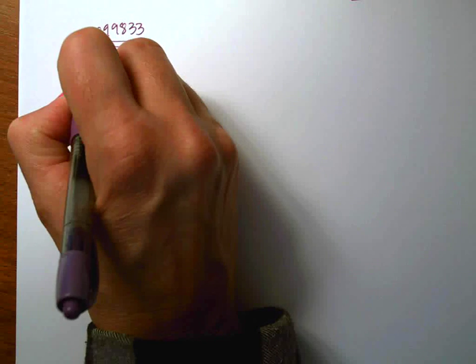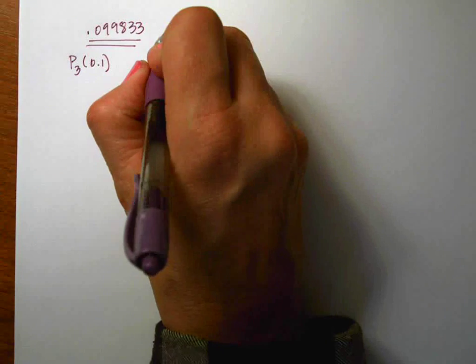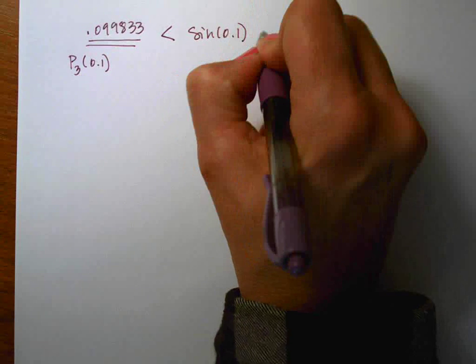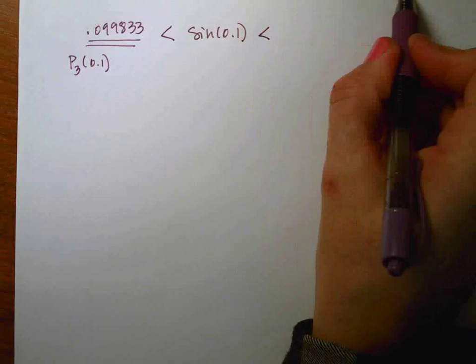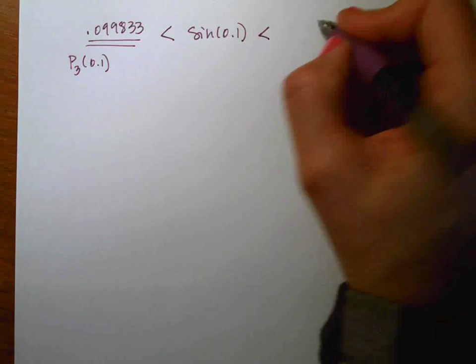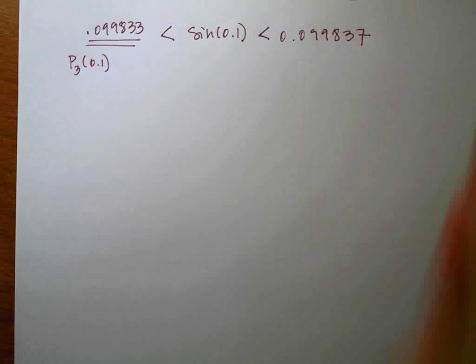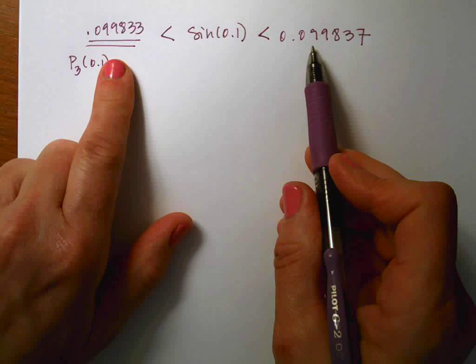So we're going to write our concluding statement, 0.099833. And remember, this is the value that we got from our third degree approximation, okay, is going to be less than the actual value of the sine of 0.1, which is potentially less than, if I add these numbers together here, and this is my remainder, then 0.099837.